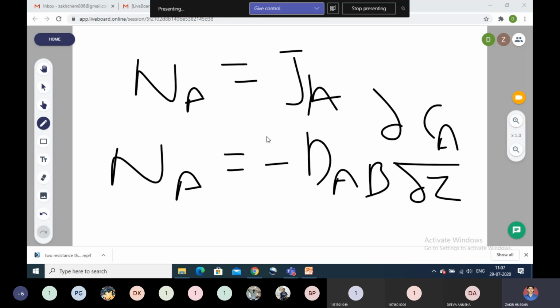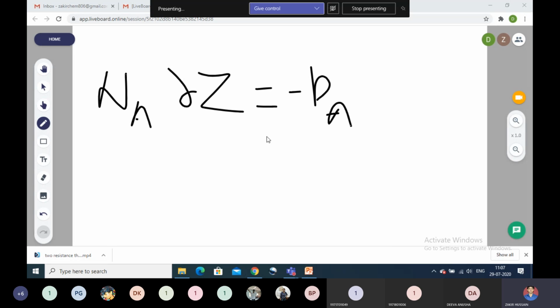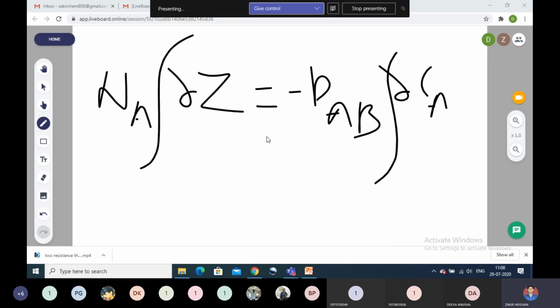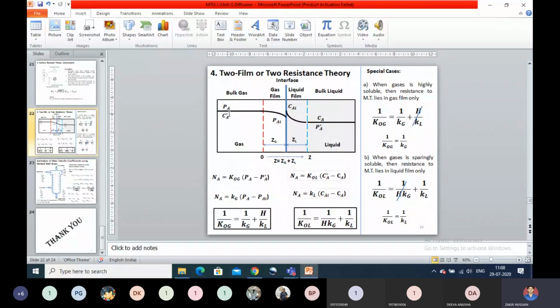Now this Fick's first law of diffusion, we have to integrate. So we are separating the variables. NA from that side, we are bringing dou z to this side, is equal to minus DAB dou CA. Now we have to fix limits. In fixing limits, I already explained: when z is equal to 0, the concentration is CA star.